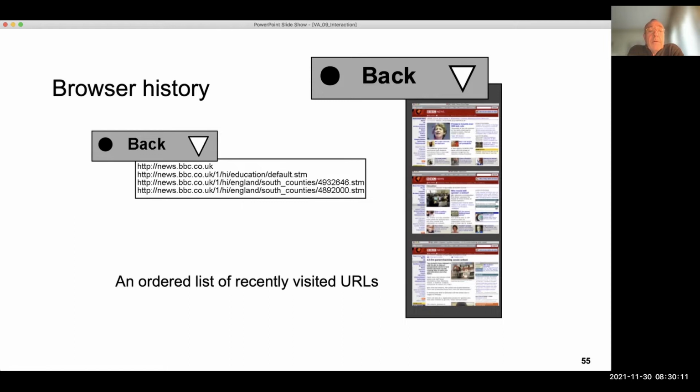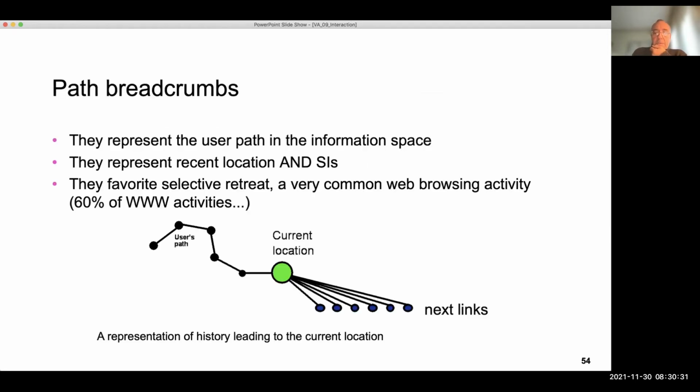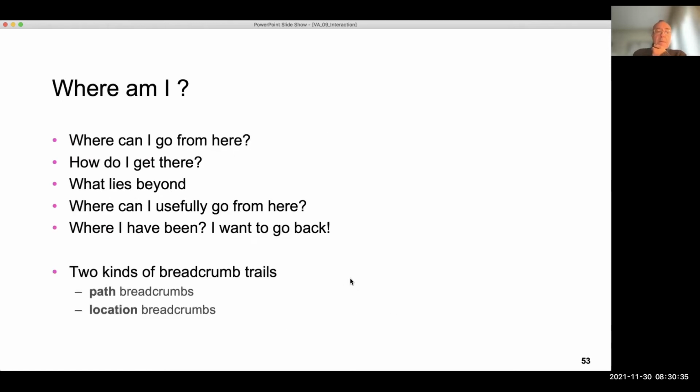All the browsers now recognize the importance of this idea, and you have a history of the pages you have visited. You have an ordered list of the next steps you did. The idea is to help this kind of reasoning to answer this kind of questions.